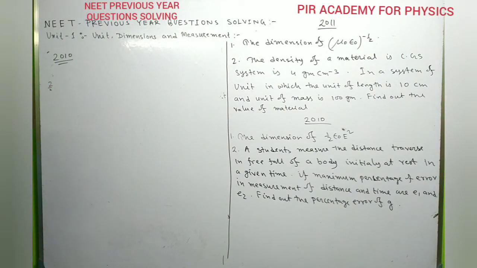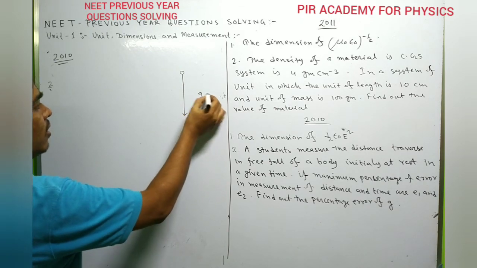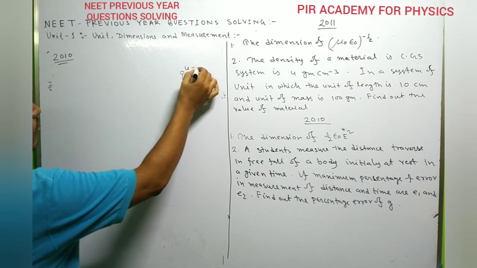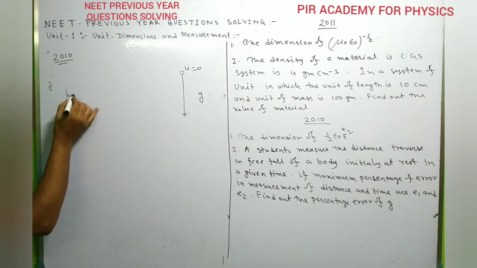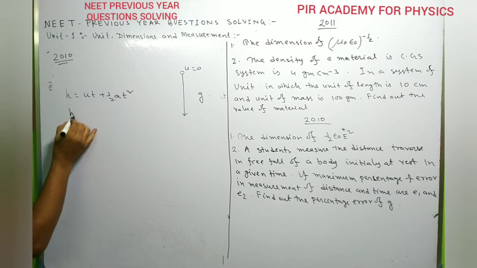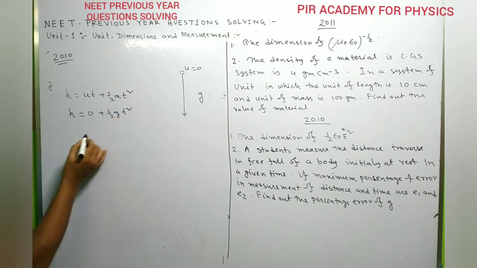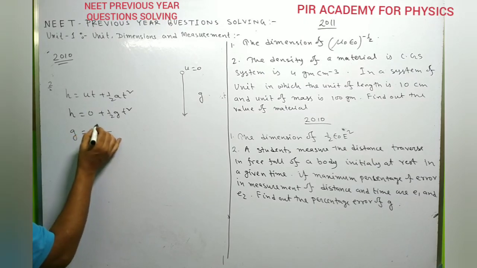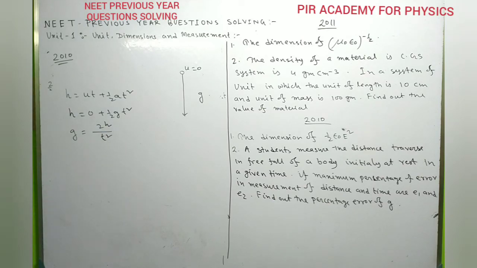Now number 2, a student measures the distance traversed in free fall when a particle falls under gravity. Here is g, and the initial velocity is 0. Using the one dimensional formula, h equals ut plus half at square, h equals 0 plus half g t square. So g equals 2h by t square.